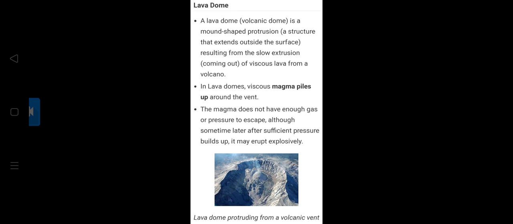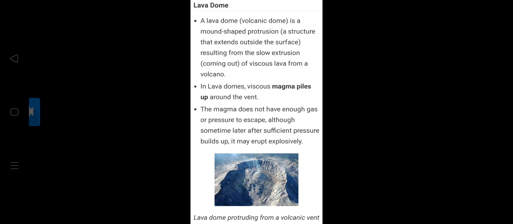A lava dome is a mound-shaped protrusion, a structure that extends outside the surface, resulting from the slow extrusion of viscous lava from a volcano. This is a part of the volcano, crater, vent, all that we have studied. I had shown you all in the diagram.